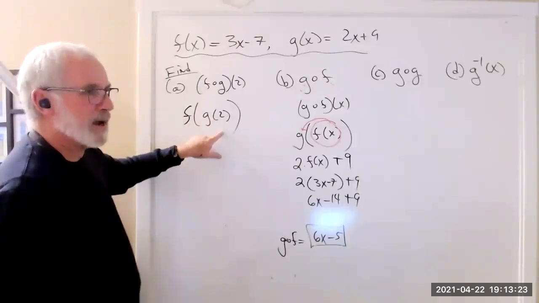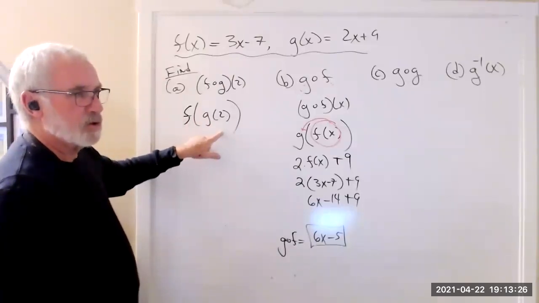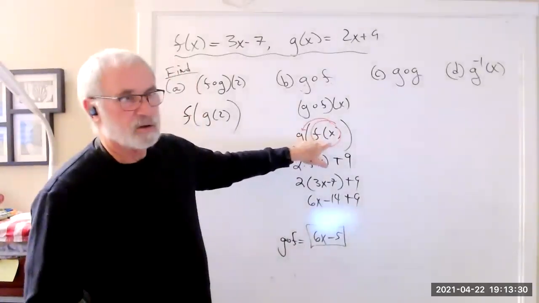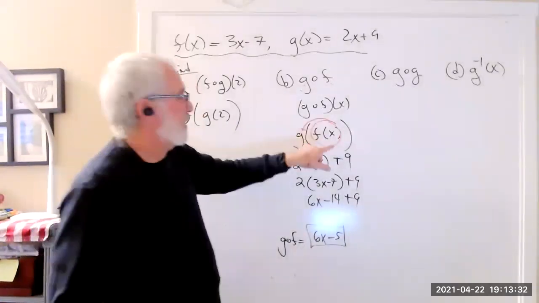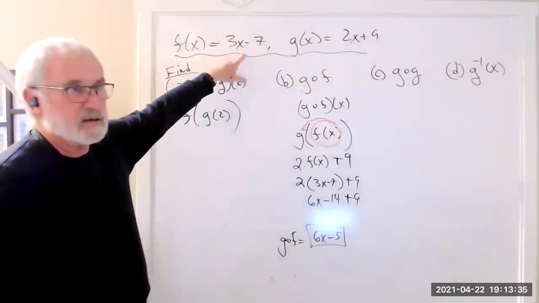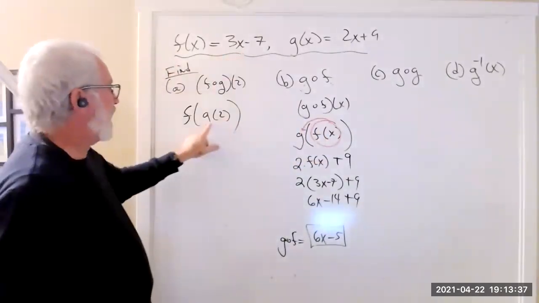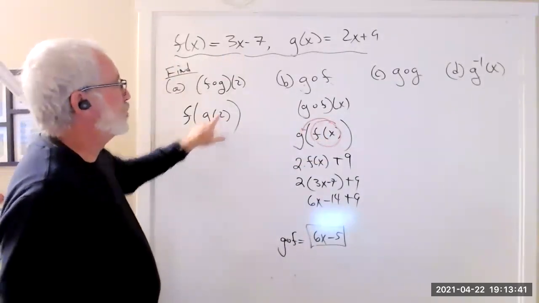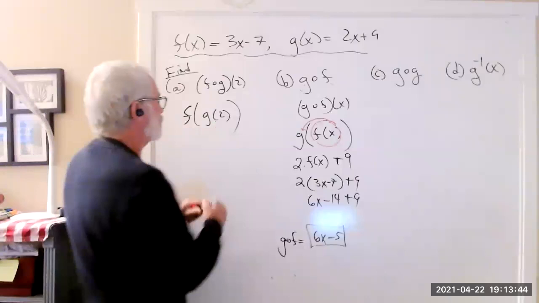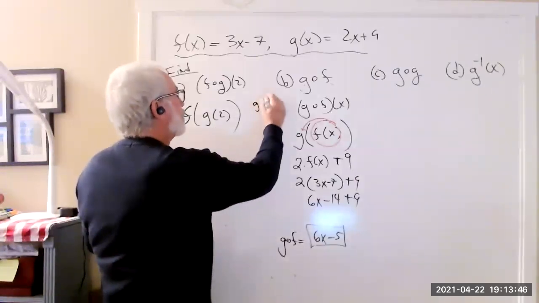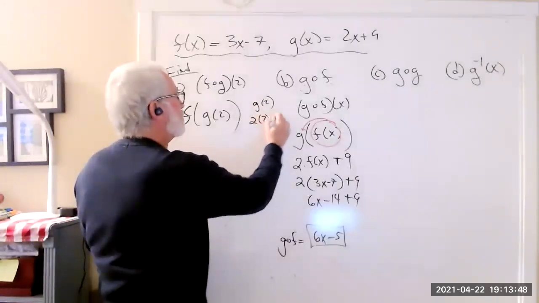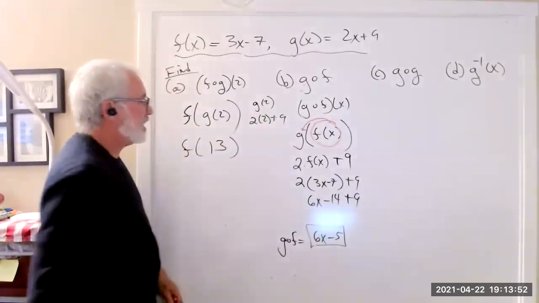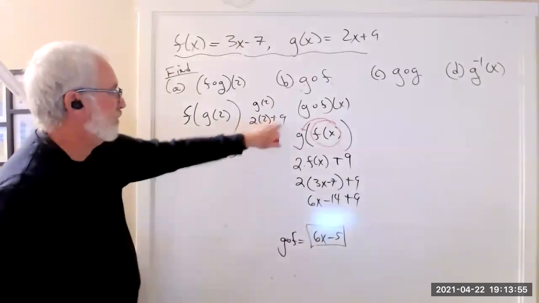We were doing that way back at the start of the semester. We can't calculate F of X, there's no answer for that. But we can calculate G of 2. That literally says plug 2 into the G function. So G of 2 is 2 times 2 plus 9. 4 plus 9 is 13, so this becomes F of 13.